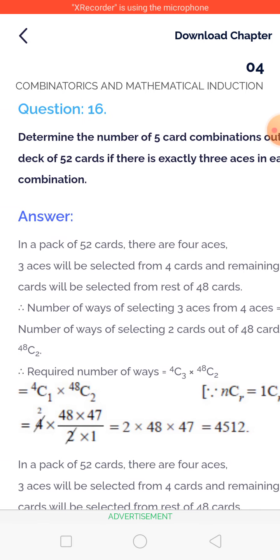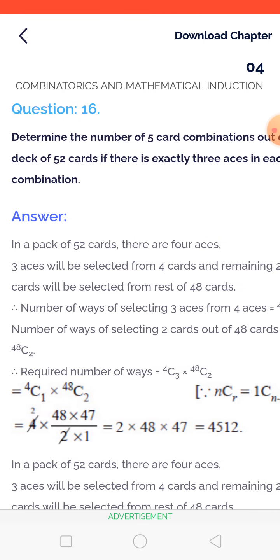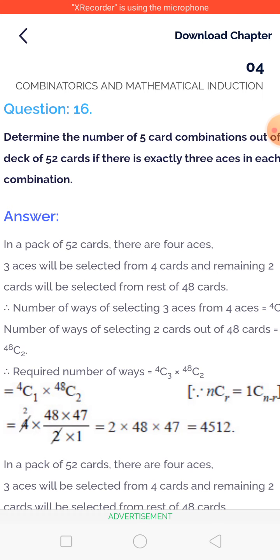Okay, what is the condition? There are exactly 3 aces in each combination. How many cards do we want in the combination? A 5 card combination. But the condition is that there are exactly 3 aces in each combination. In every combination, 3 aces must be there.